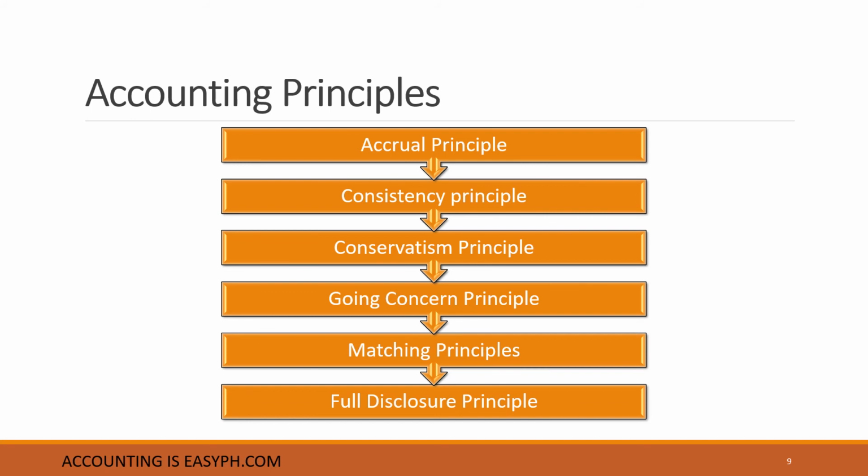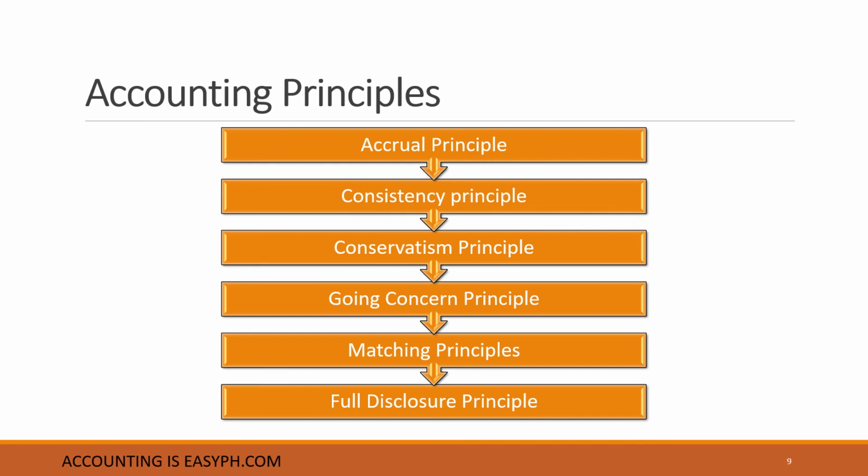As per this accounting principle, you should use the same accounting method consistently from period to period. For example, if you are using straight line as your depreciation, you will use this in the next period.